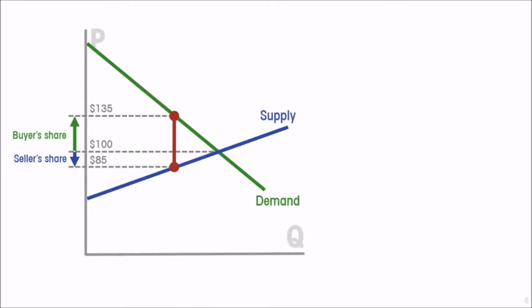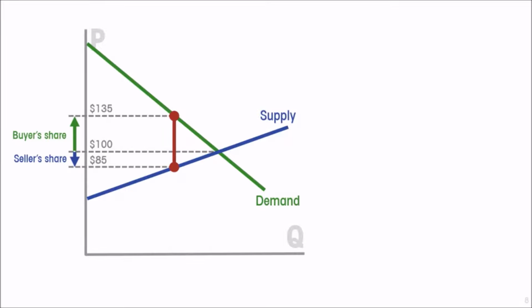So the burden of the tax has been divided between the demand side and the supply side of the market. And in this present instance, the buyers are bearing the larger share of the burden of the tax. $35 to the buyers, $15 to the sellers.